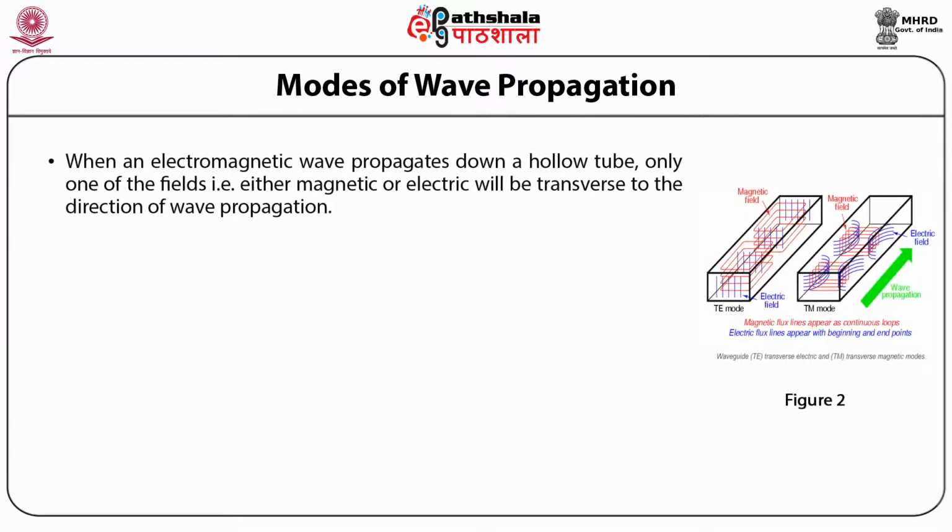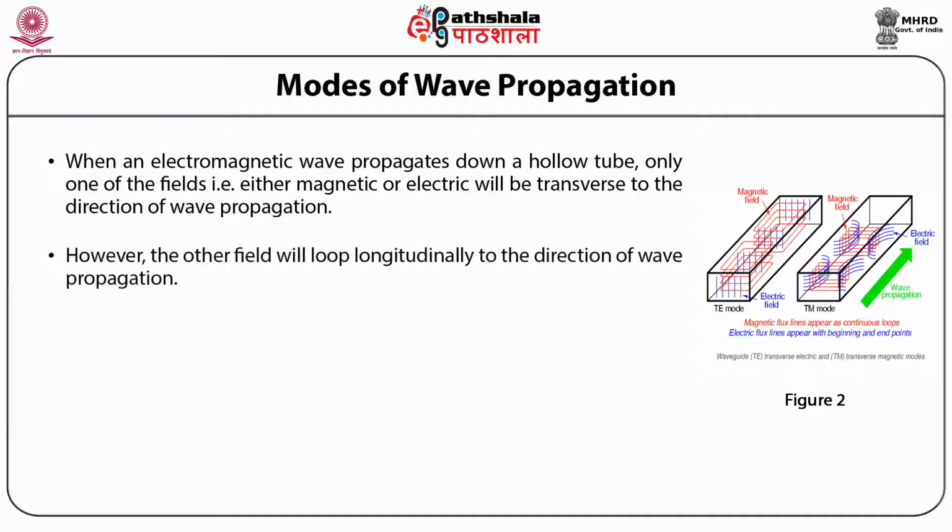When an electromagnetic wave propagates down a hollow tube, only one of the fields, either magnetic or electric, will be transverse to the direction of wave propagation. However, the other field will loop longitudinally to the direction of wave propagation.